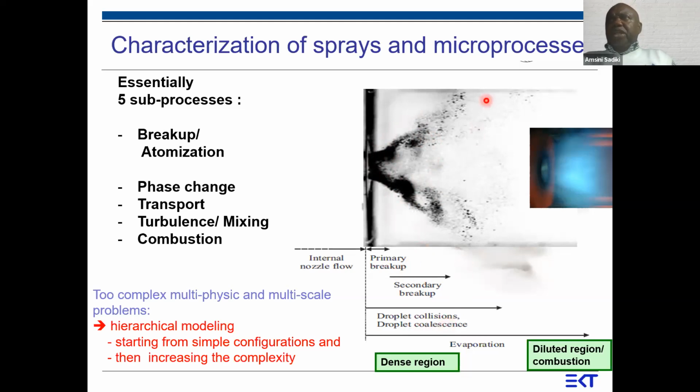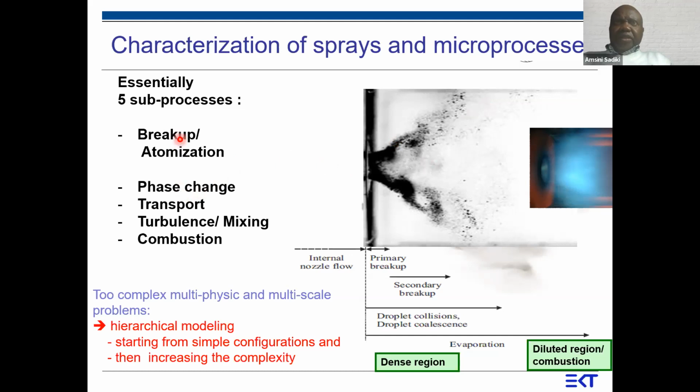And after that, we have this part, which builds the dense region of our spray, and the other where the particles are really dispersed. We have the dilute region, and where also the combustion can take place. Sometimes also here, but these are issues we will discuss later.